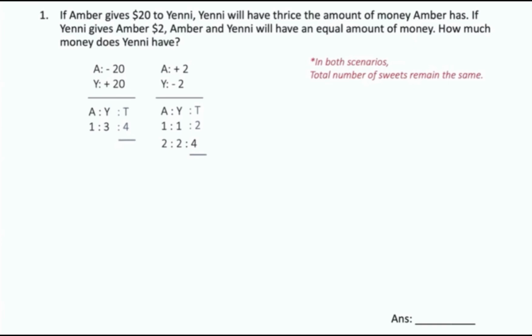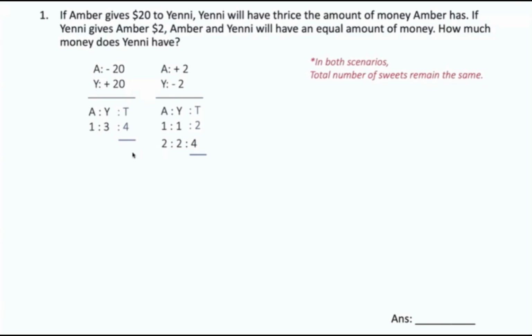Step 1, record data. Step 2, look for common base. Step 3, look for value, right? Now, for the value, you can either use the value of Amber or the value of Yenny. In this solution, we use the value of Amber. So we compare 1 unit of Amber here versus 2 units of Amber here.